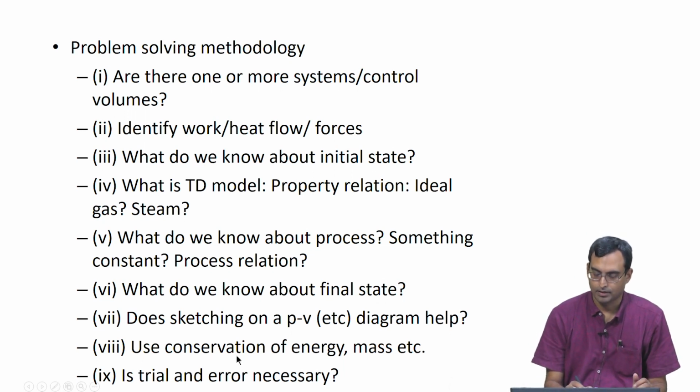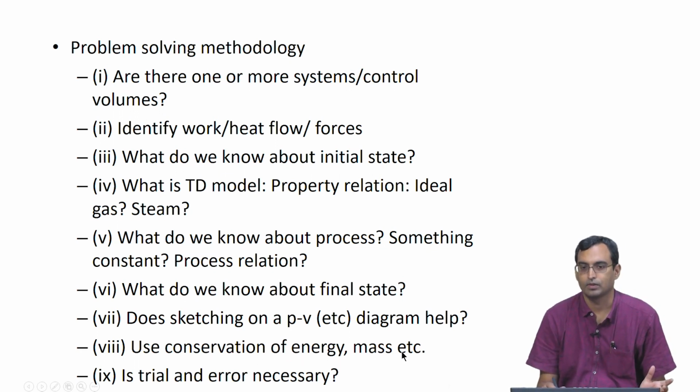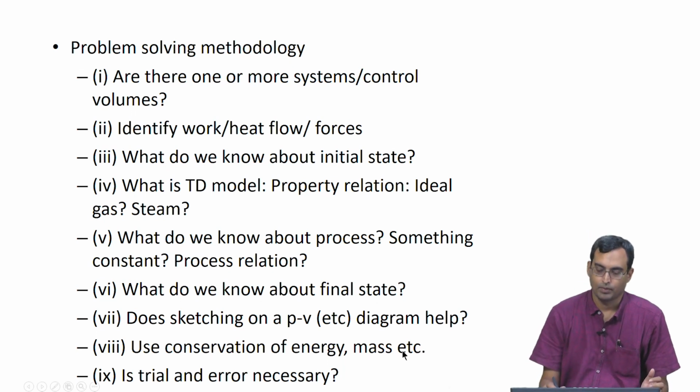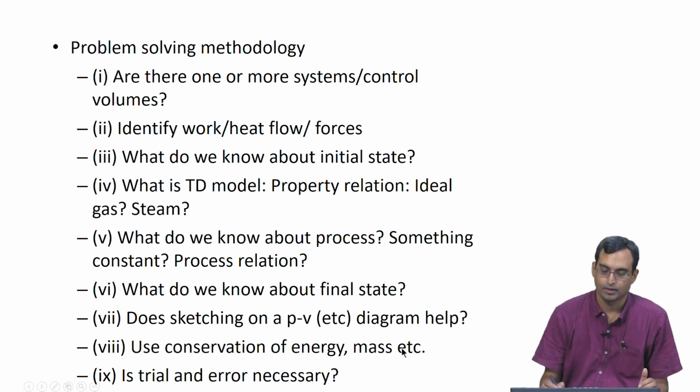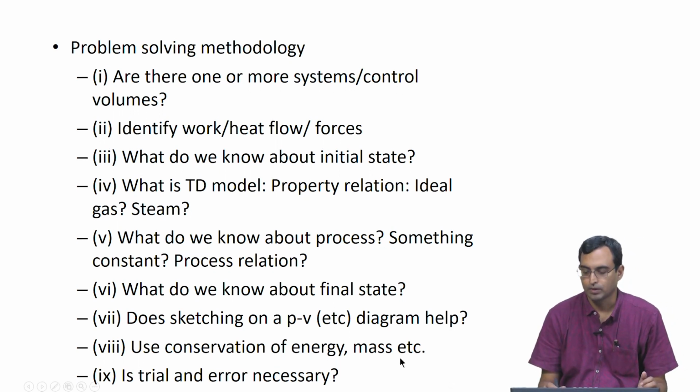And then we will use the first law of thermodynamics, essentially conservation of energy. We will see that we will also need to do explicit mass conservation when we are looking at control volumes instead of using systems. In most cases, at least for the simple problems, this should be sufficient, but there could be problems which are not closed form and we may need trial and error to find a solution.